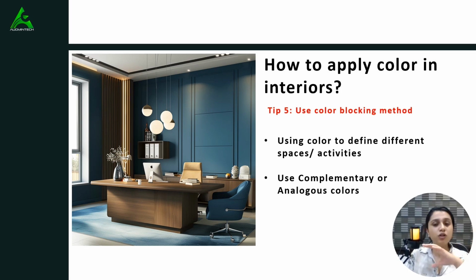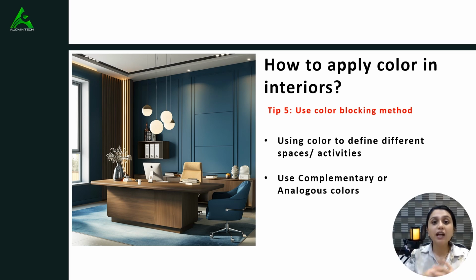Like for the Zumba section, maybe you want to use a different kind of gray, and for your strength section, you are using a slate gray, which is a dark gray. And for your spa, you want to go for beige. So that way, when you are using a color scheme, you may want to indicate from your color usage which zone is for what purpose.